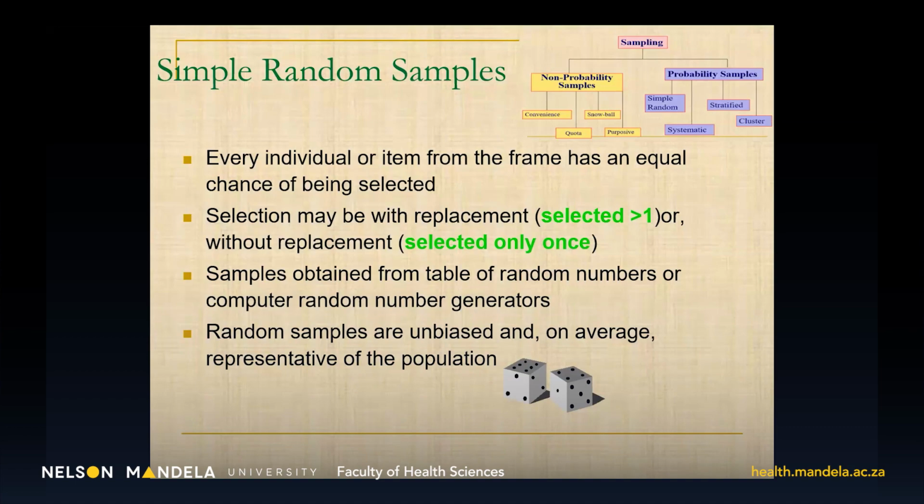But then the person who's picking is blindfolded. So that ideally this random sampling is supposed to be unbiased and therefore a good representative of the population. Keep that in mind. Let's remember that simple random sample.